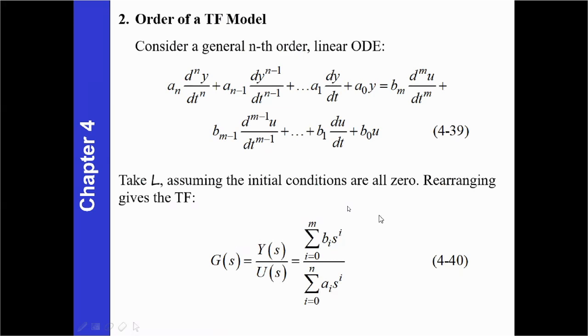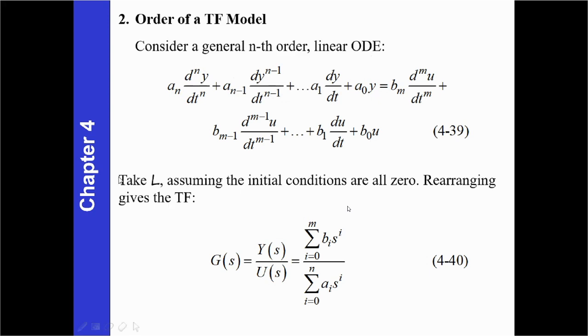Then the order of a transfer function. When we consider a general nth order linear ordinary differential equation, ODE, we have a_n times d^n y over dt^n plus a_(n-1) times d^(n-1) y over dt^(n-1), and so on, until a_0 y equals b_m d^m u over dt^m plus all of these terms until b_0 u as well.